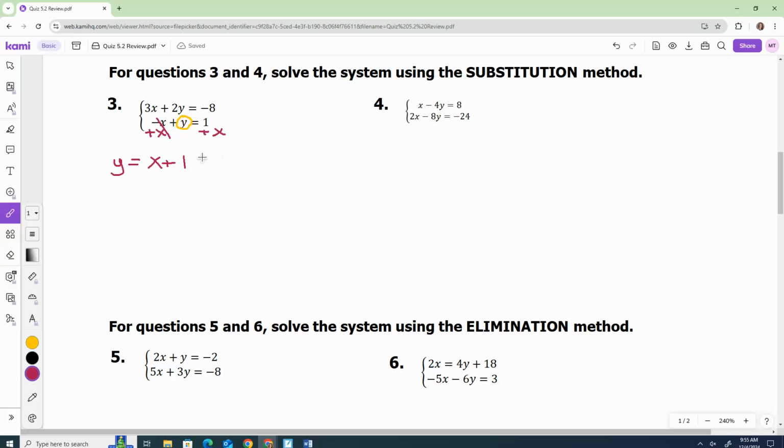Then we have to take that and we are plugging it into the other equation. It is my y, so it is replacing the y in that equation. So that equation is 3x plus 2 times the y, which we said is x plus 1, equals negative 8.